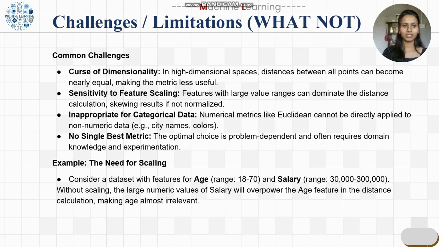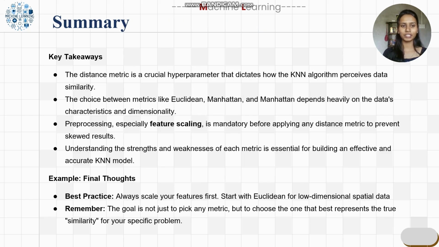At the end, we'll see the summary. The distance matrix is a crucial parameter used in KNN for data similarity. Choosing the right matrix from the three of them is very difficult. For that, we have to understand the data and the patterns, and use trial and error to choose the right matrix for the particular data set.